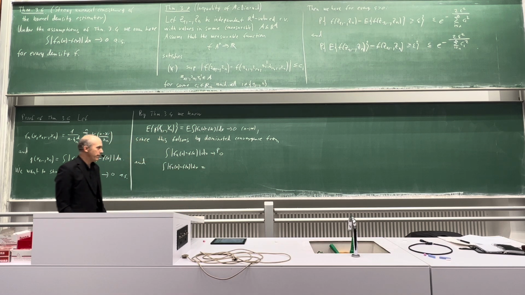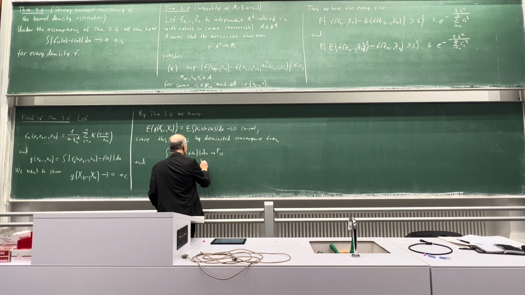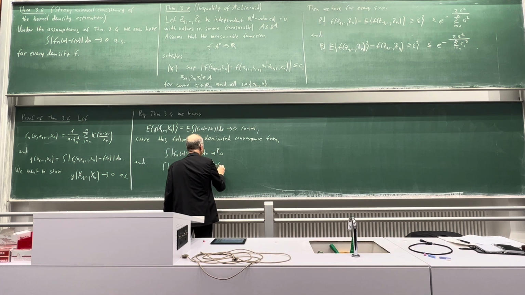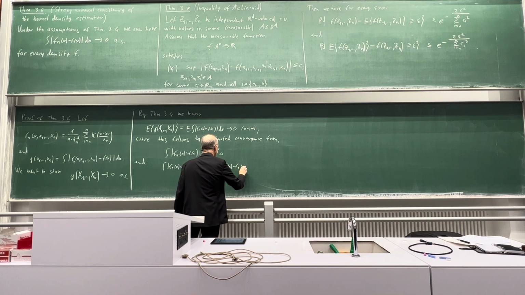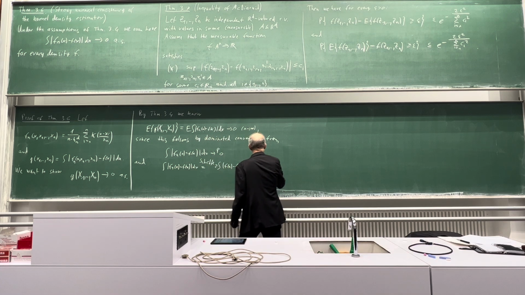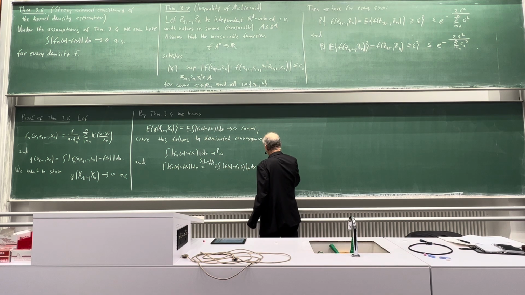Which is by Scheffé the same as 2 times the integral over f of x minus fn of x, positive part dx, which is less than 2 times the integral over f of x dx, which is 2.